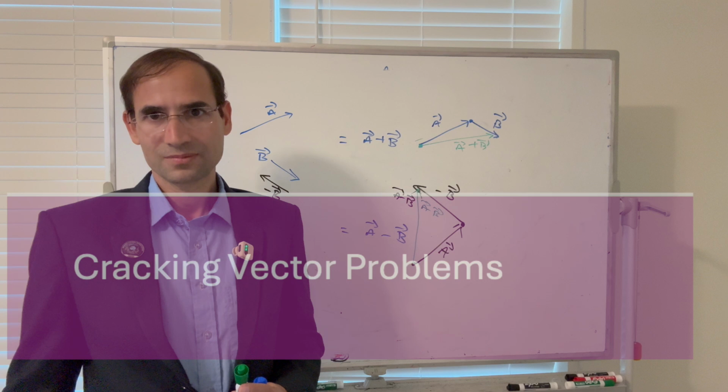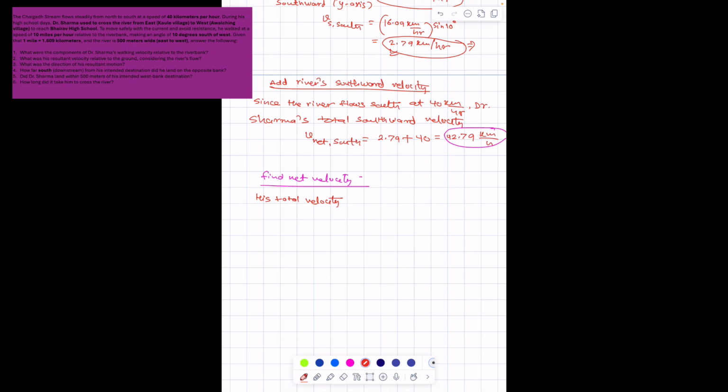Let me write down, total velocity vector relative to the ground. You have one going this direction, another going this direction, so the resultant would be like that way.